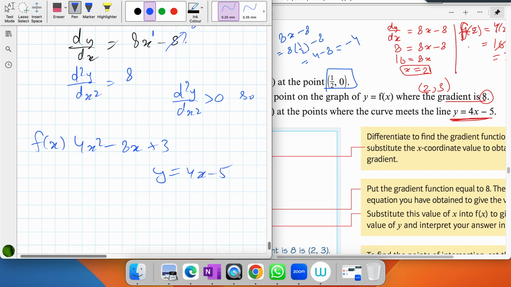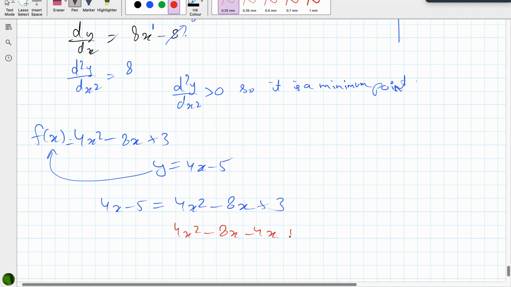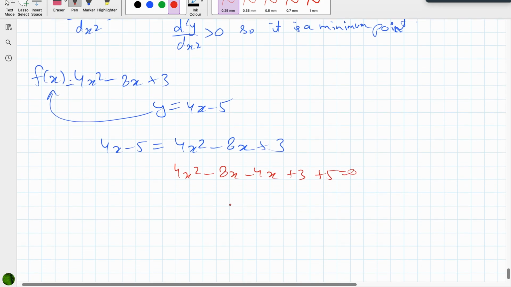So first we solve them simultaneously. I'm substituting this y here and it becomes 4x minus 5 is equal to 4x squared minus 8x plus 3. Rearranging, 4x squared minus 8x minus 4x plus 3 plus 5 is equal to 0. 4x squared minus 12x plus 8 equals 0.